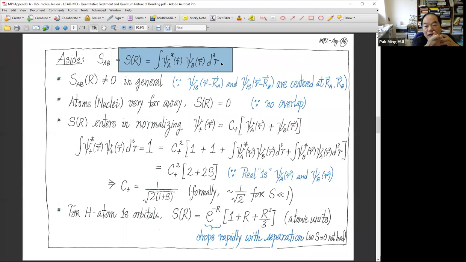Just to remind you, each function decays rapidly using Bohr radius. So it's very easy for this integral to be zero. If the separation R is 5 angstrom, it is zero. Decay there, nowhere along any place is this integrand non-zero, okay? I mean, when this is not zero, the other is zero, right?